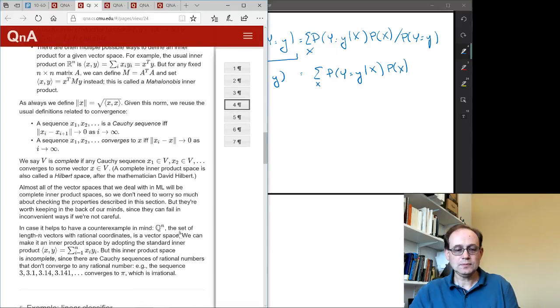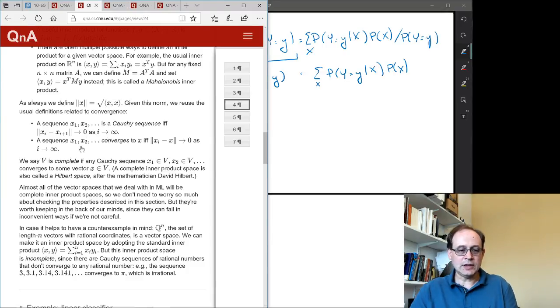And then we'll just reuse the exact same definitions that you've probably seen for convergence in vector spaces, which is to say that a sequence is a Cauchy sequence if the distance between successive points approaches 0 as you go farther and farther along the sequence.